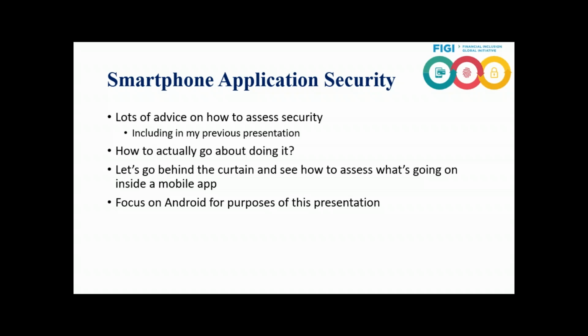It is not a DFS app because I didn't want to reverse somebody's DFS app live in front of an international audience. So I will instead give you a general examination of what an application looks like when it's been decompiled, and you can see some of the types of services, how communication is done, etc. So you can get a sense of what an assessor might actually be doing.